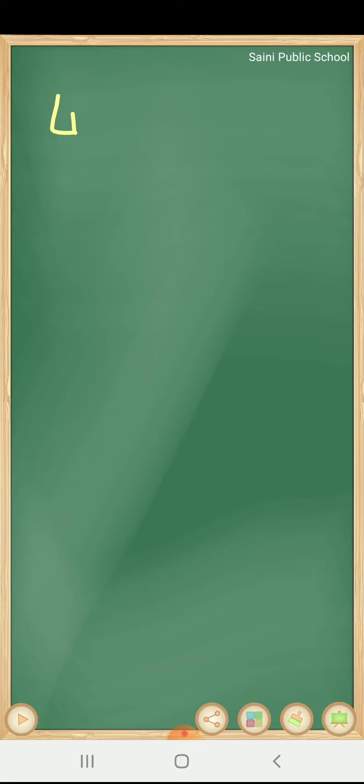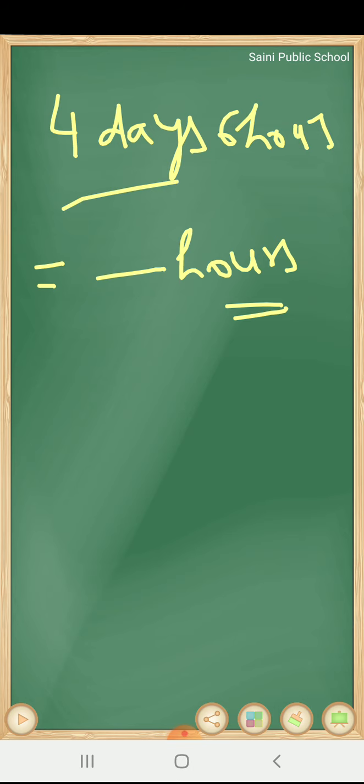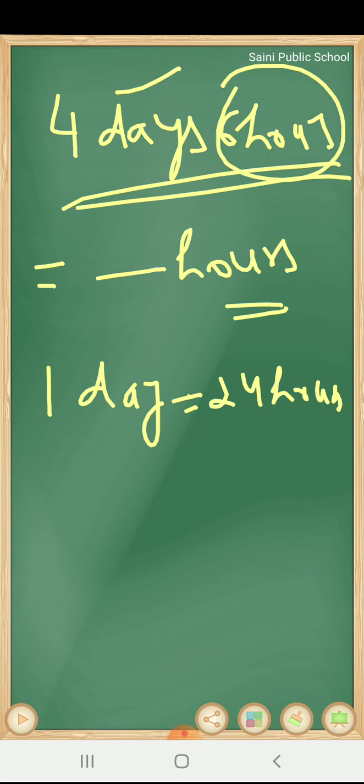Suppose we want to convert 4 days 6 hours into hours. We know that in one day there are 24 hours, so we will convert days into hours and add the given hours to the answer.